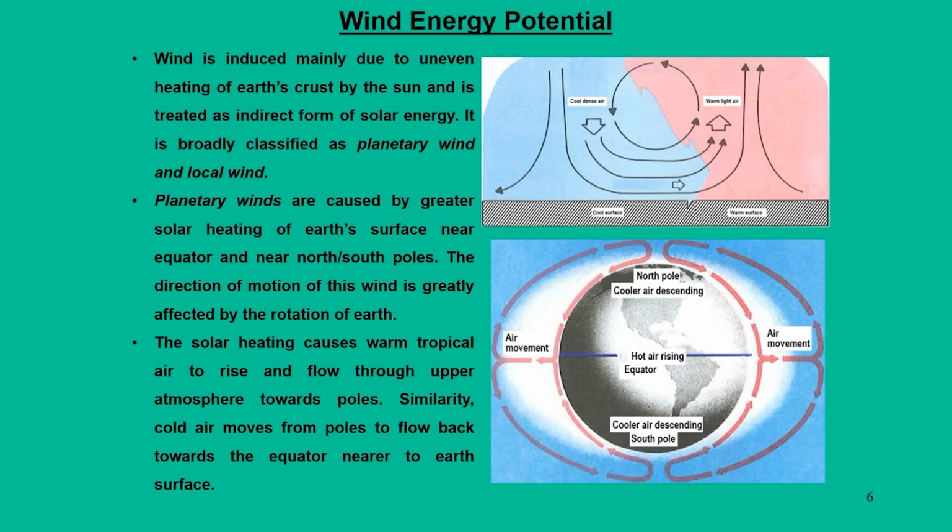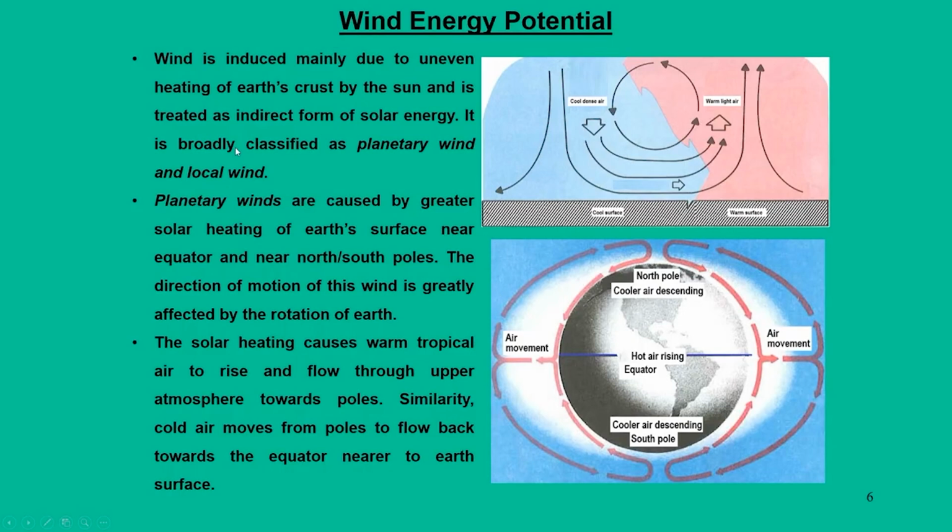Because of this temperature difference between the water bodies and land mass, the air tries to move from the higher density medium, which is the water, to the lower density medium, that is land. In this process the air flows, and we call it wind.